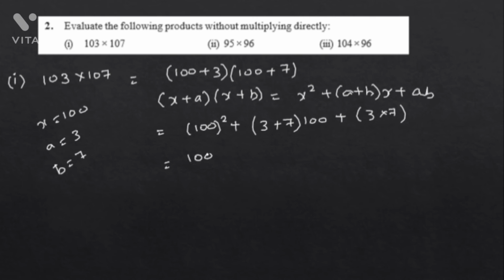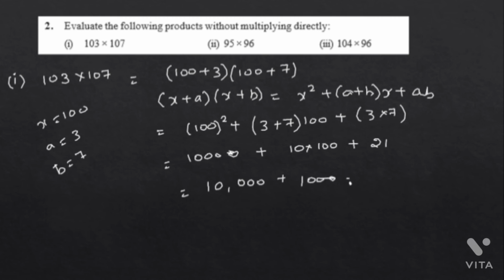So 100 square gives 10,000. 3 plus 7 gives 10, and 3 sevens are 21. So this is equal to 10,000 plus 1000 plus 21.